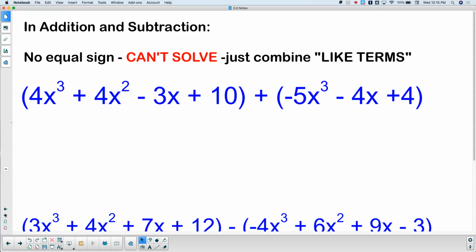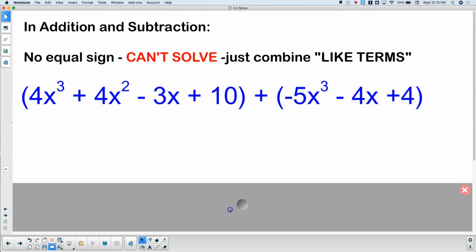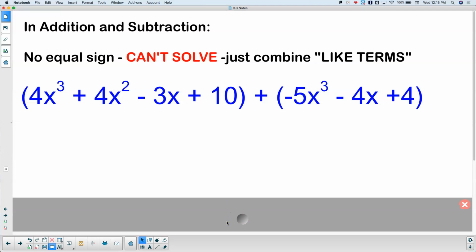So in addition, do the parentheses matter? No, they don't. Actually, let me just do this, and that way we can cover up that other one. The parentheses don't matter in addition. So we combine some like terms.